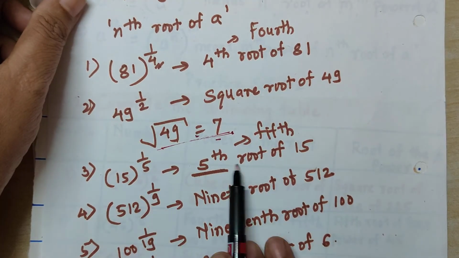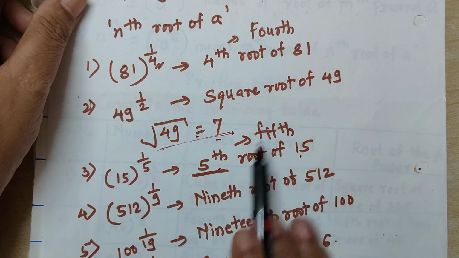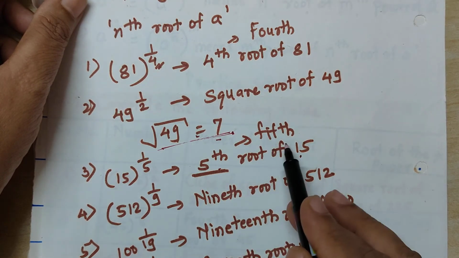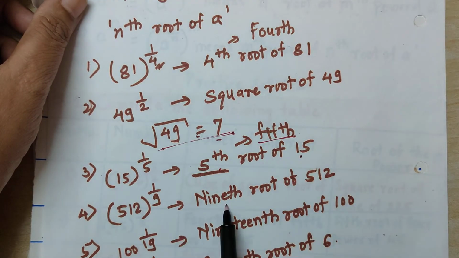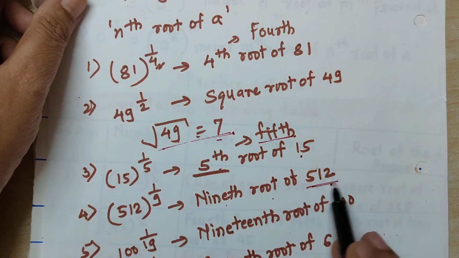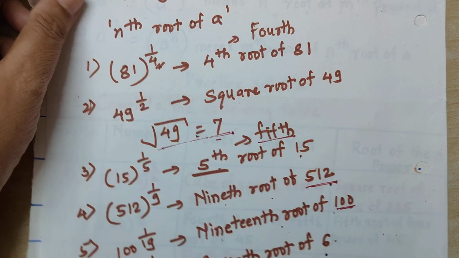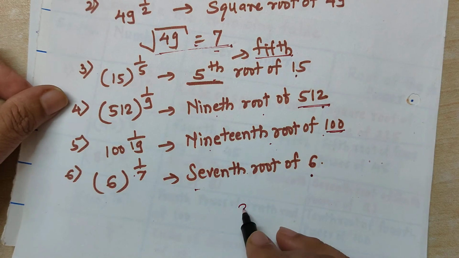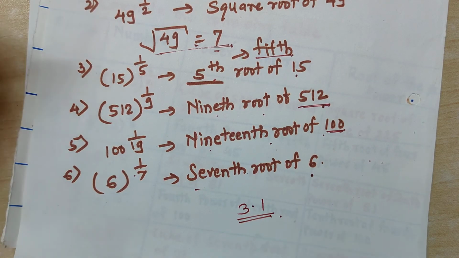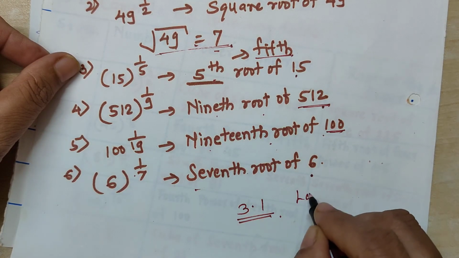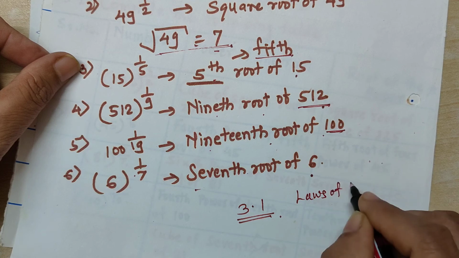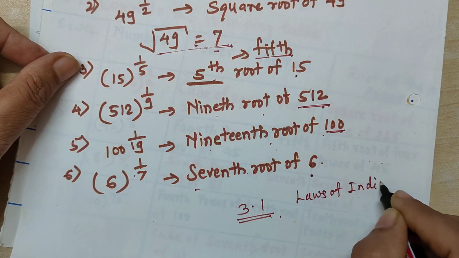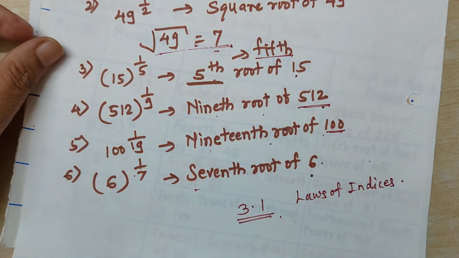Then fifth root of 15, fifth you will write in words. Ninth root of 512, 19th root of 100, and 7th root of 6. This way you can solve practice set number 3.1 in your notebook and write the laws of indices in your notebook.